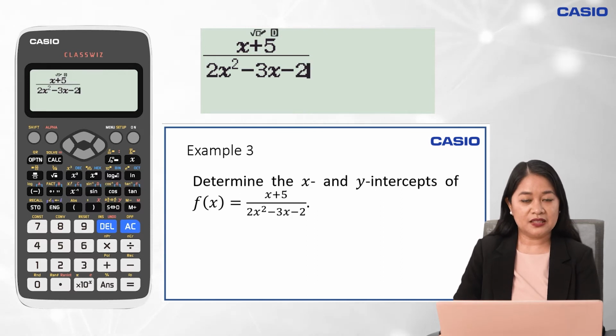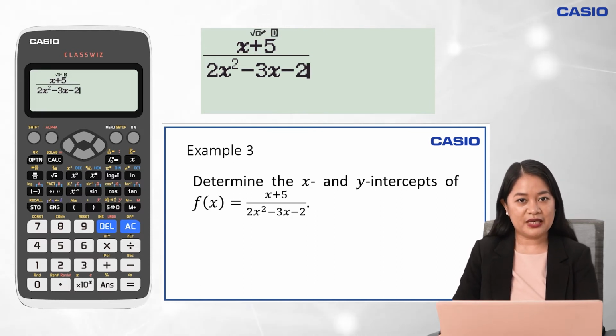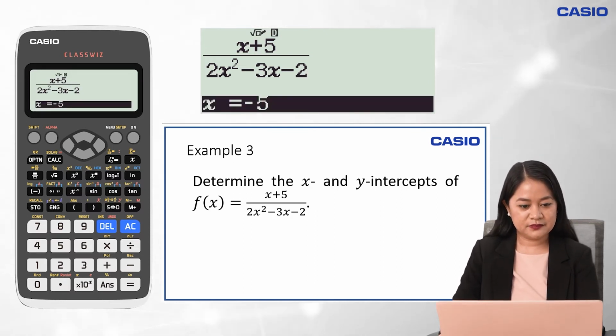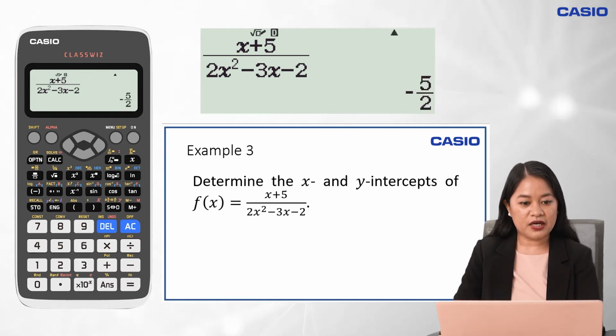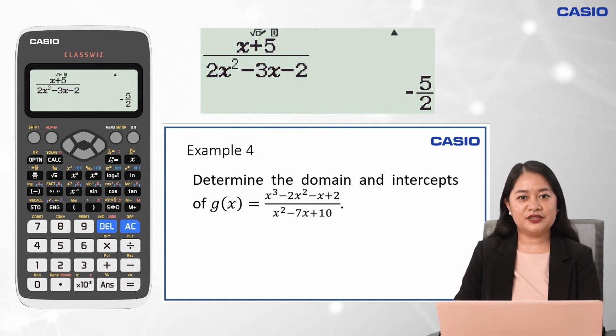Then, press calc and input 0 for the value of x. Then we press the equal sign twice. Therefore, the y-intercept is negative 5/2, or the graph of this rational function will pass through the y-axis at point 0, negative 5/2.